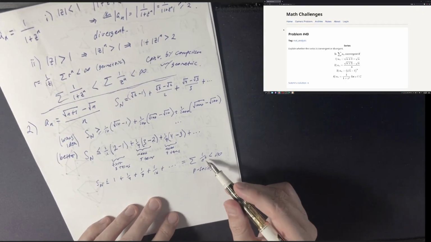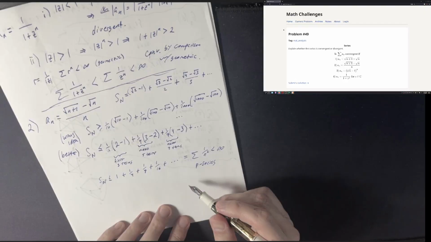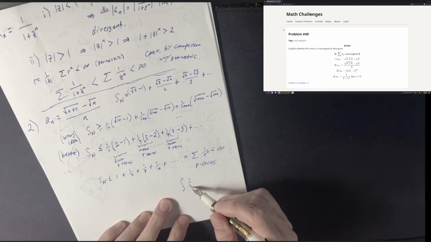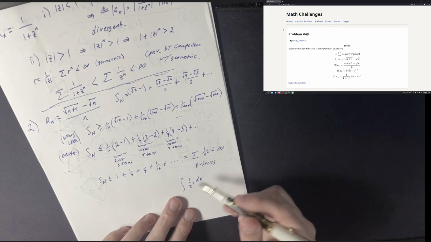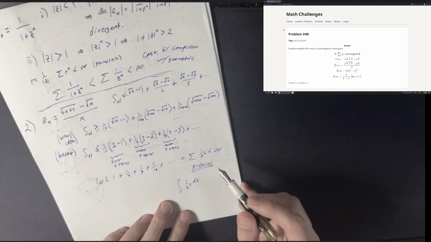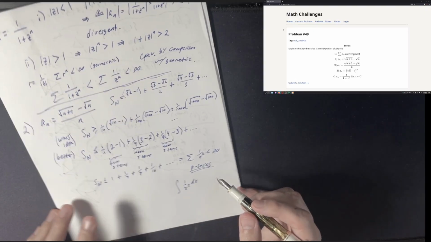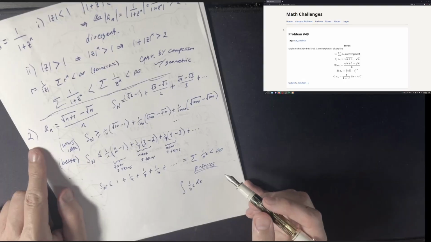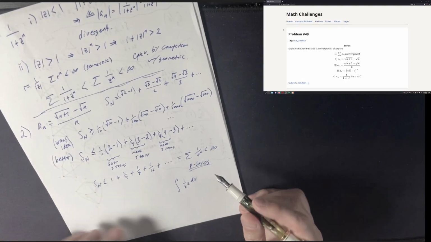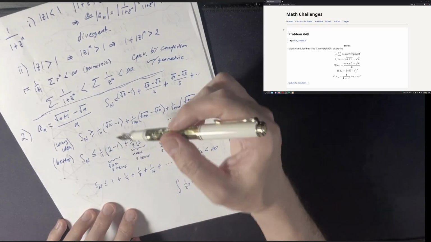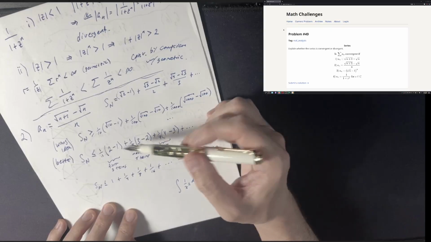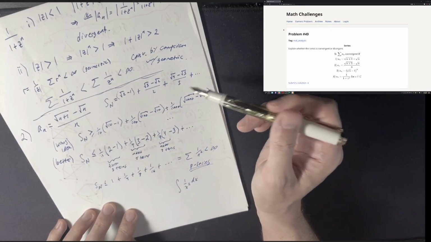This is p-value 2. You could use an integral test to prove it if you're not familiar with a p-series, but that is why it's convergent. So number 2, I'm going to say, is convergent by comparison with a p-series, but the comparison I'm talking about is a little bit complicated. You have to do some regrouping of the terms.